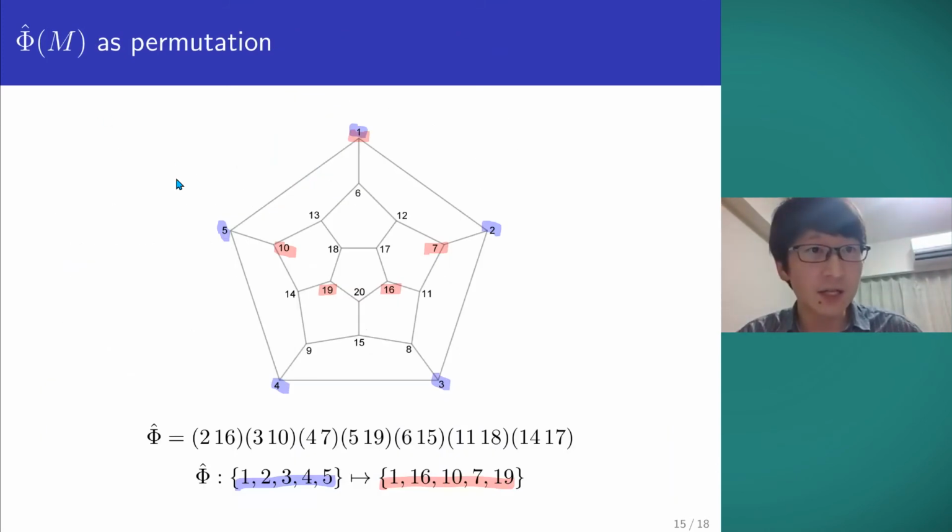Actually, φ-hat can be expressed by permutations of vertices. For example, 1, 2, 3, 4, 5 is a regular pentagon, and the image of this is 1, 16, 10, 7, 19.